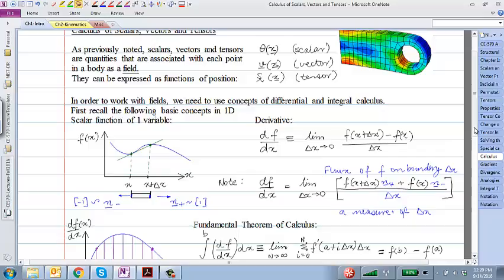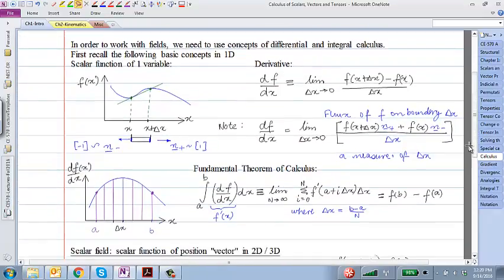Since I don't have too much time here, I'll just talk about another important theorem that you've learned, the fundamental theorem of calculus.